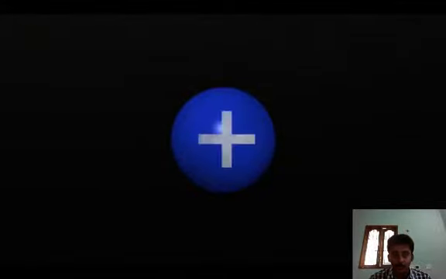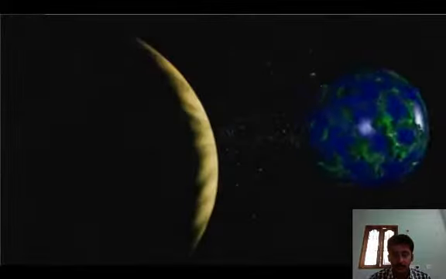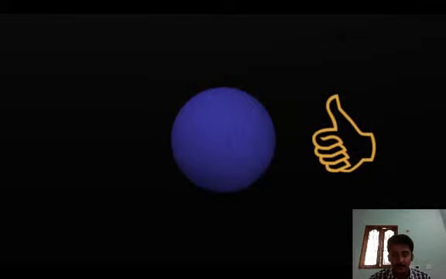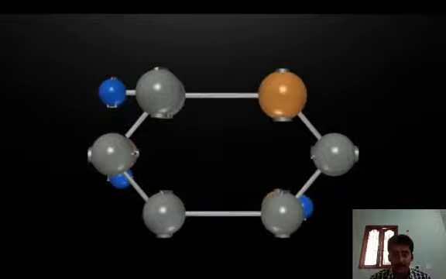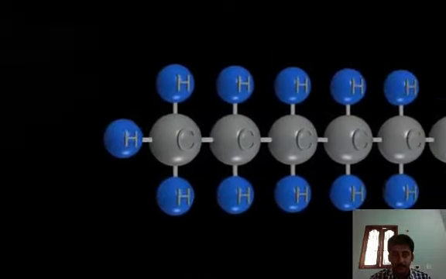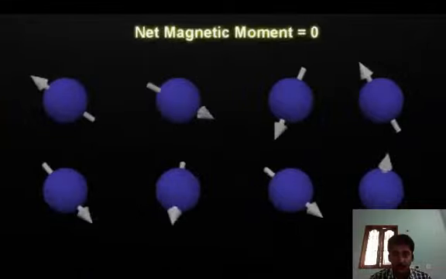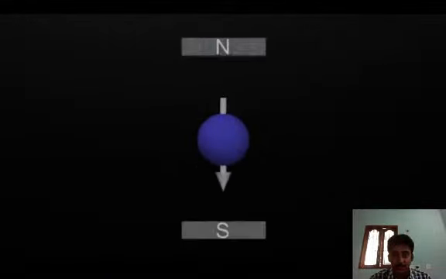We have a proton. In nuclear magnetic resonance, a proton has a positive charge, and it is as good as a planetary system, so the dipole moment is along the direction of the thumb. Usually the human body has 60% water, and fats and carbohydrates. We have protons in random directions with net magnetic moment 0, but after application of a magnetic field we can align them in a single direction.